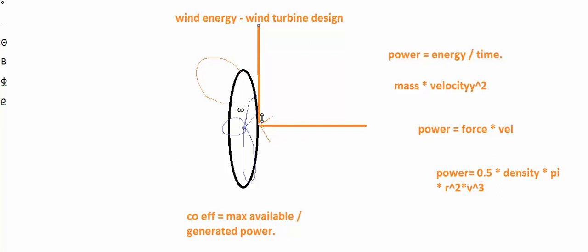Naturally, the linear velocity of the element, or the molecule, which is farthest from the axis of rotation, is radius times omega, isn't it? So let's write here: this vector is r omega and this vector is the wind velocity.